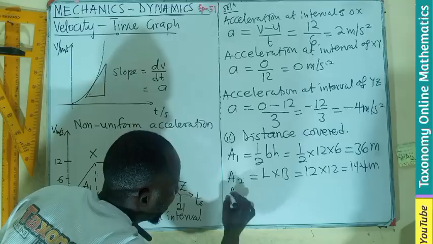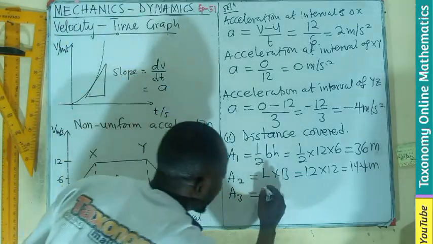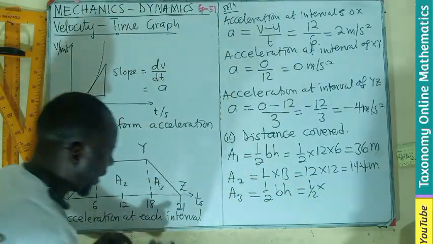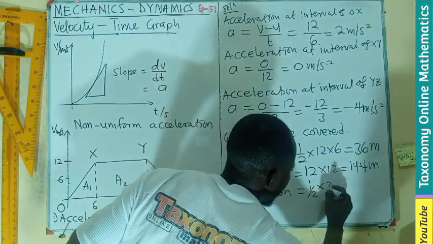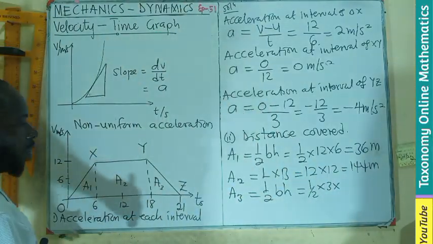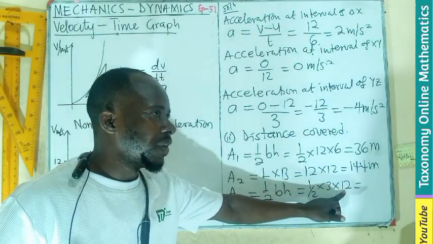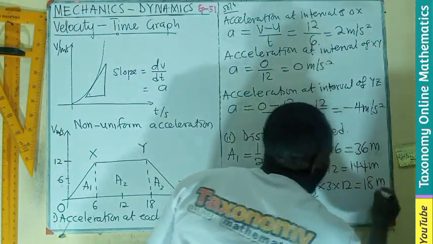Let's go for the final area, which is going to be a triangle, half base times height. The base is going to be from here to here, that will be 3. The height will still remain 12. So half of this is 6, and 6 times this is 18 meters.